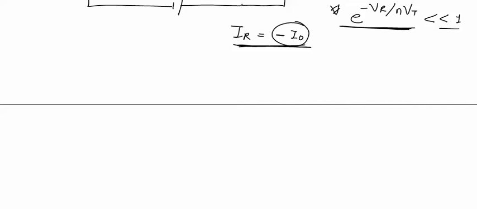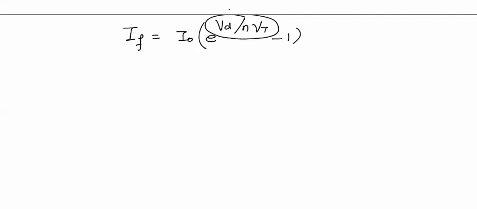The forward current equation, actually I gave equation which was approximated. The actual correct equation for forward current is IF equal to I0 into e raised to power Vd upon eta Vt minus 1. Here this part is positive.